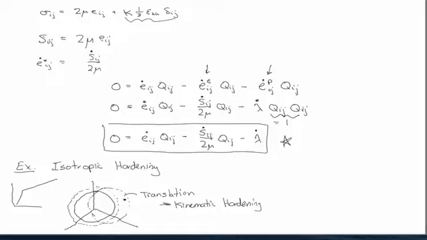It turns out that you can show that this term here is equal to what we'll call the scalar magnitude of S dot, where S is equal to the square root of Sij Sij.